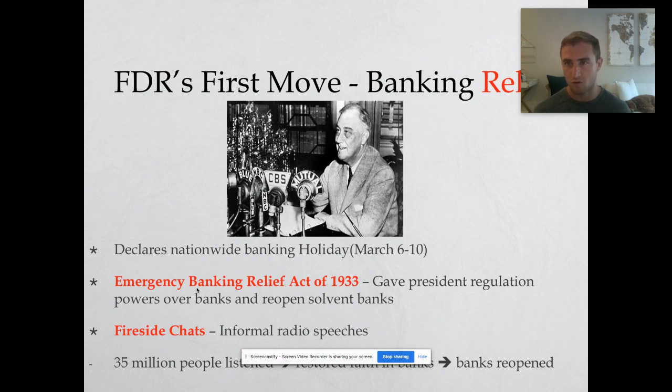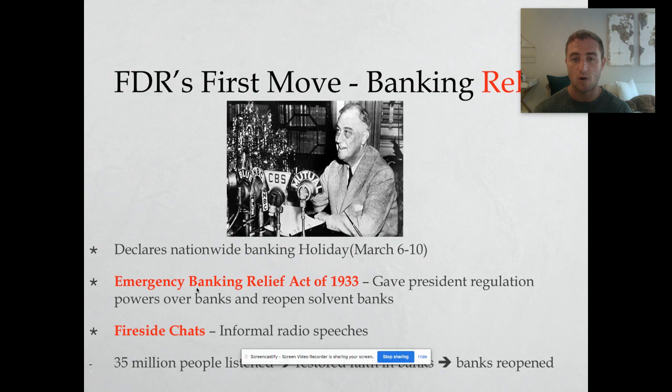His first move is banking relief, and this makes a tremendous amount of sense because Americans have no faith in the banks in the 1930s because of all the bank failures throughout the country. And this is creating huge problems in recovering the economy because there's no one to borrow money from. You can't buy a house, which is so important in the economy, or buy a car. Consumers are not there because it is difficult to get your hands on wealth or money.